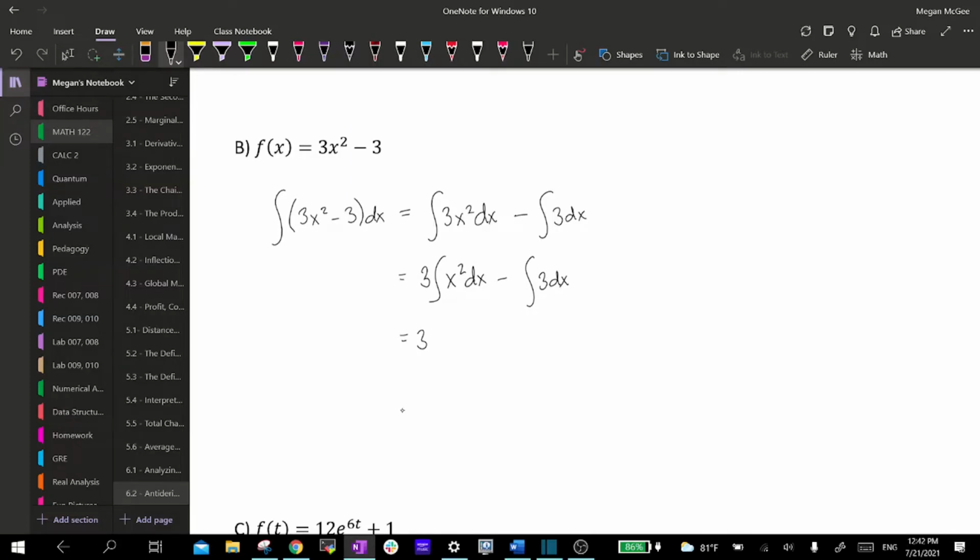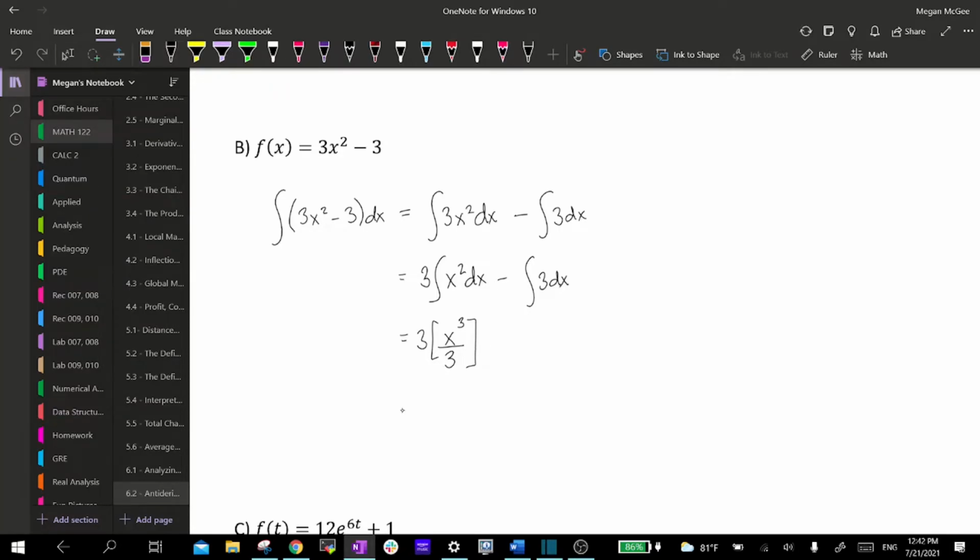Okay, so then we have 3 times, well, we have x squared. So this is our power rule with n is equal to 2. So we're going to have x cubed. So that was n plus 1. So 2 plus 1 is x cubed divided by n plus 1. So divided by 3.